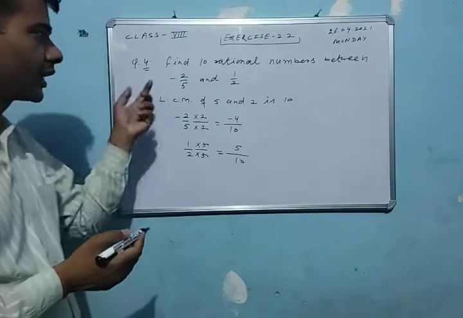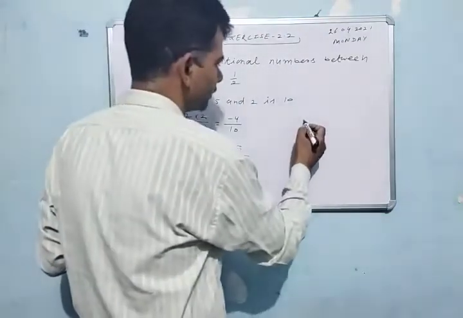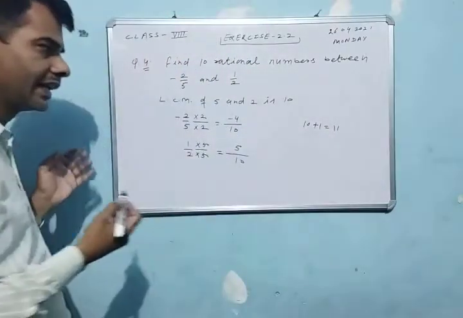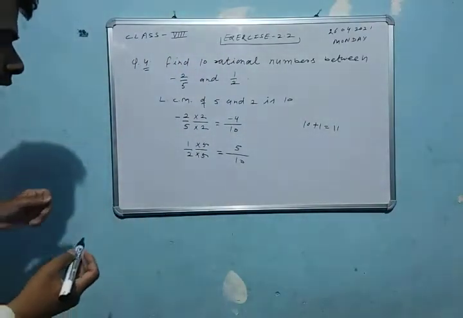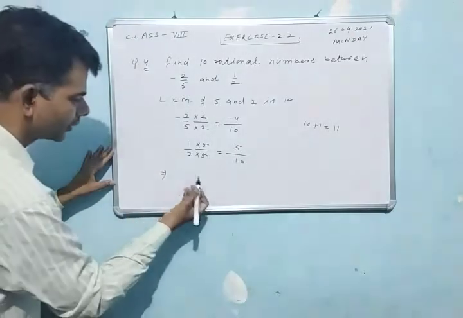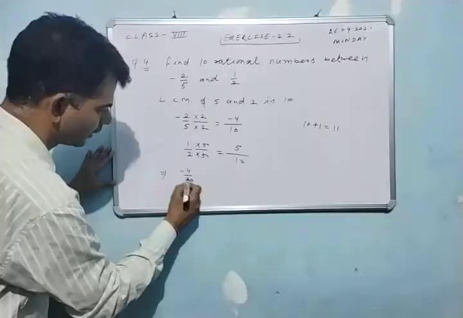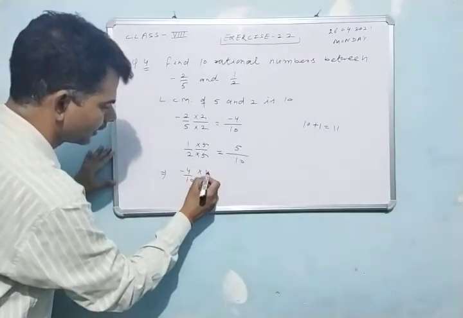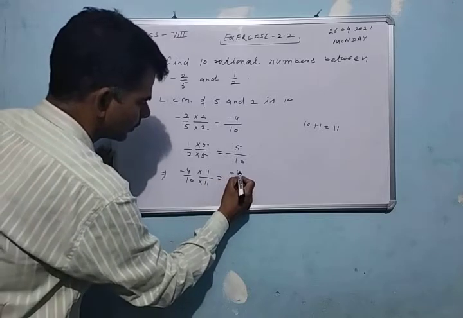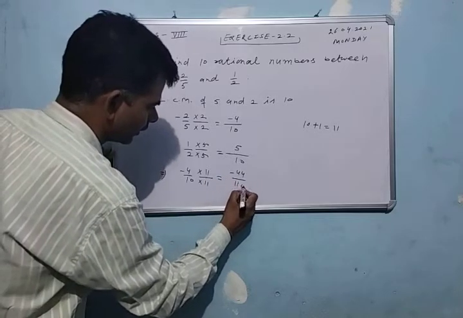If we have to find 10 rational numbers, that is 10 plus 1, that is 11. Now students, in the next step you will multiply minus 4 by 10 by 11 divided by 11, that is minus 44 by 110.